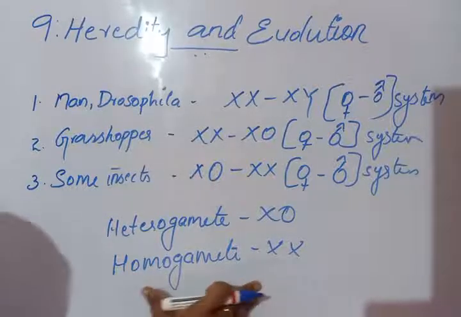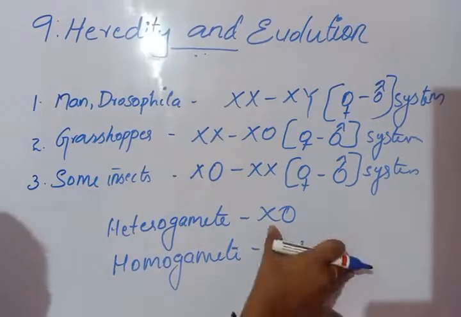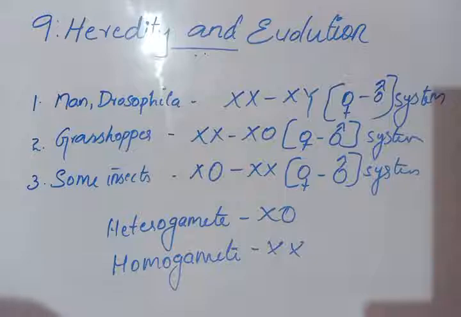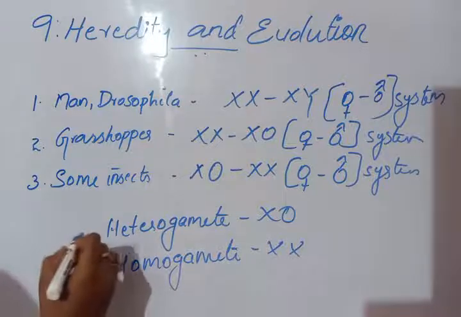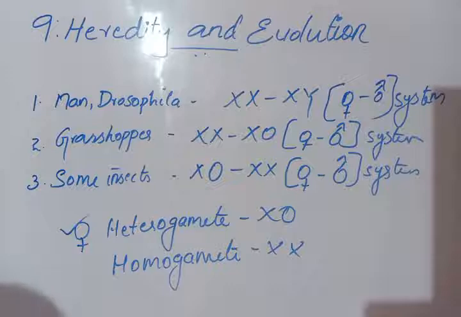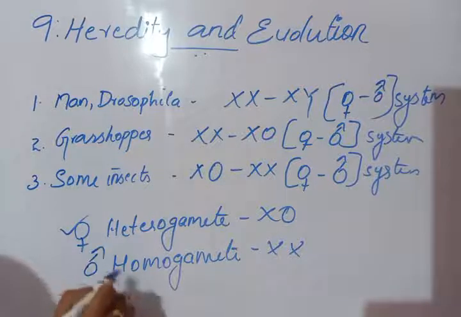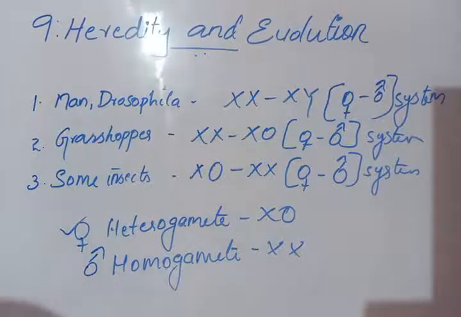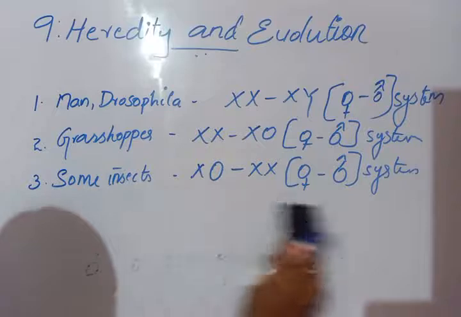That's why the male becomes homogamete and the female becomes heterogamete. So here the female determines the sex of the newly born baby, but the male always gives only one type of sex chromosome. So in case of some insects, females are responsible for the determination of the sex of the child. Okay, X0, XX system.